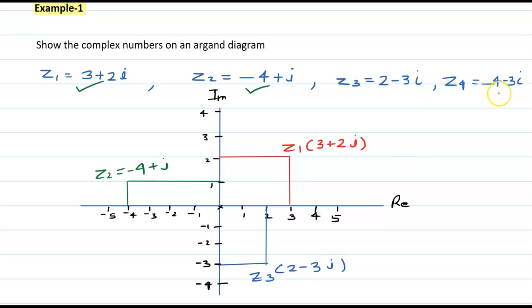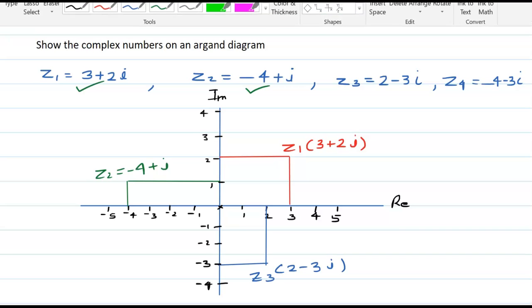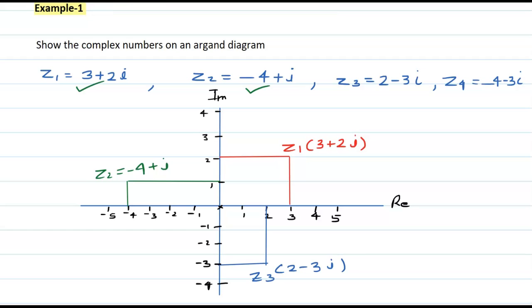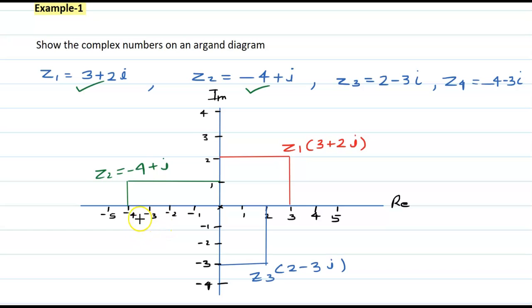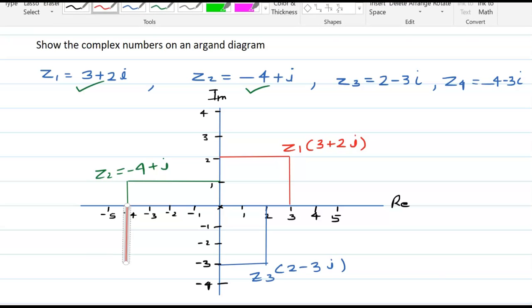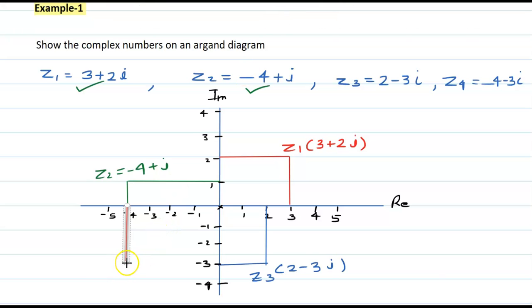And the last one is minus 4 minus 3i. So minus 4 is here and minus 3 is here. So let's join them.